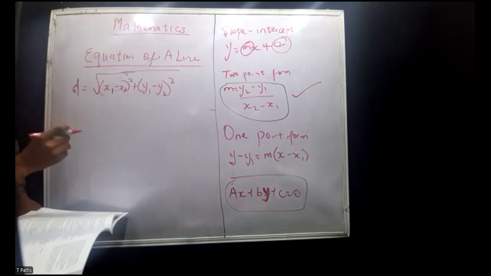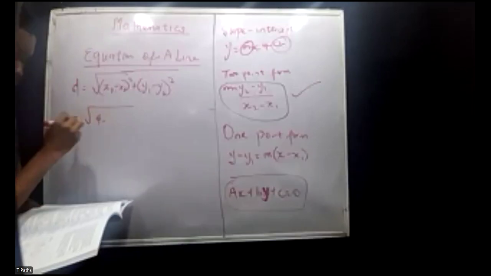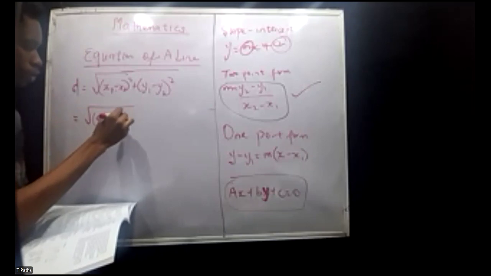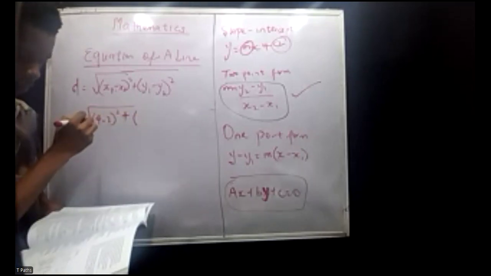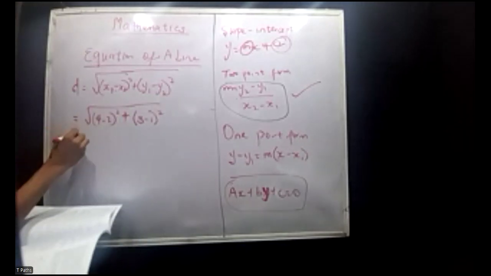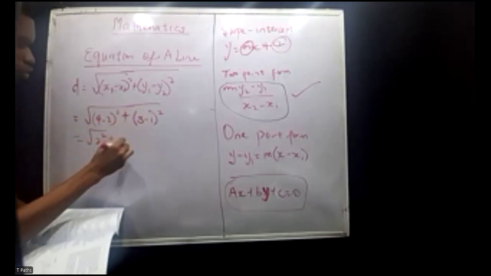All right, so now in this question, we have to calculate the distance between 2 points, 4, 3 and 2, 1. The first point is x1, which is 4, minus x2, which is 2, squared, plus y1, which is 3, minus y2, which is 1, all squared. So this will become 4 minus 2, which is 2 squared, plus 3 minus 1, which is also 2 squared.